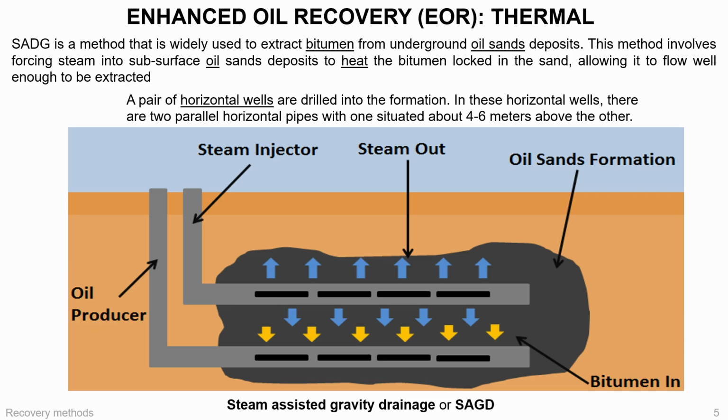The mobilized bitumen then drains downward by gravity into the lower production well. SAGD is a beautiful example of combining thermal effects with gravity drainage. It is one of the most important thermal recovery technologies for very heavy hydrocarbons.